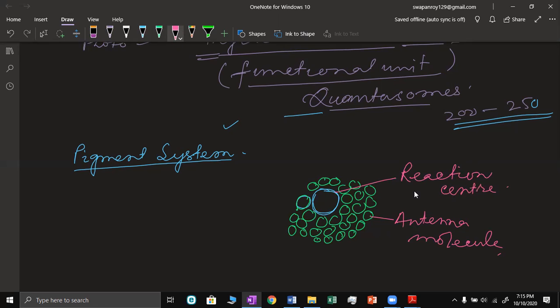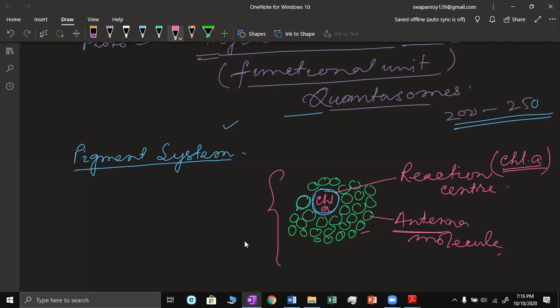This reaction center is made of a special chlorophyll A molecule, and surrounding this reaction center there are antenna molecules. These are all accessory pigments.